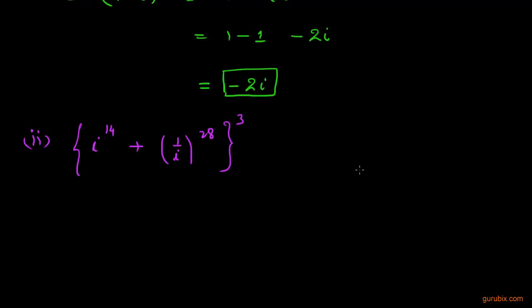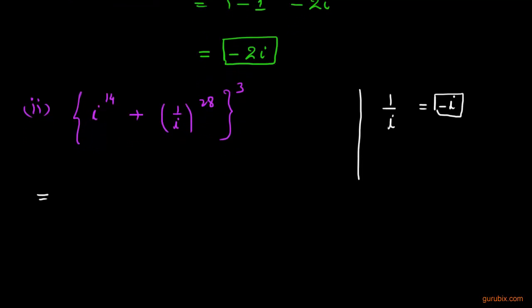Same as first of all we shall calculate 1 over iota, and we know that this value is equals to negative iota. And now we shall put negative iota in place of 1 over iota.